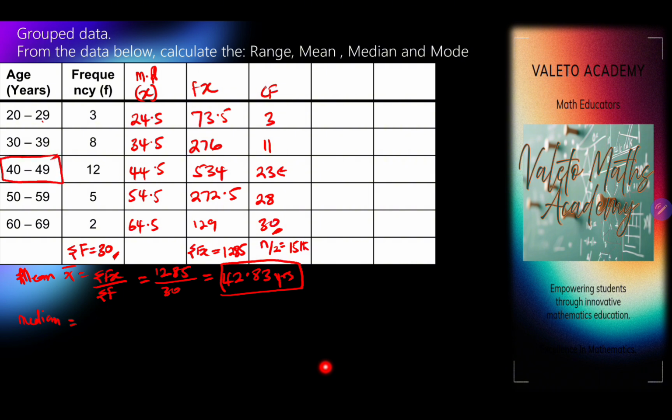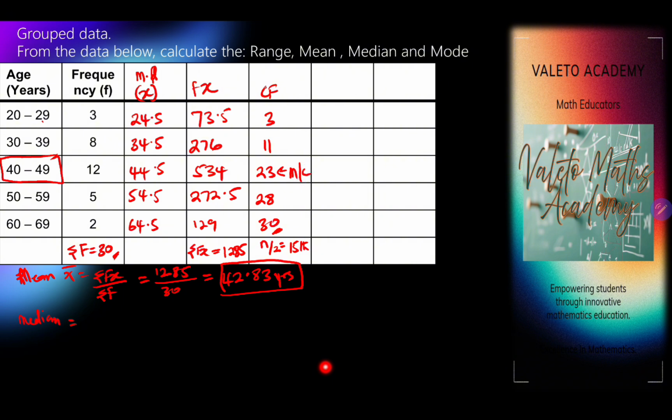It means our median can be found between 40 and 49, but we don't know the exact value of the median because this is a group containing more than one element. We call this the median class.